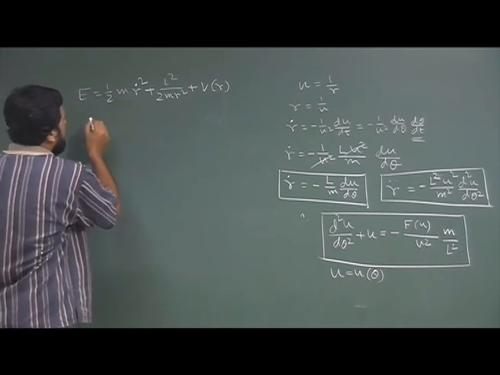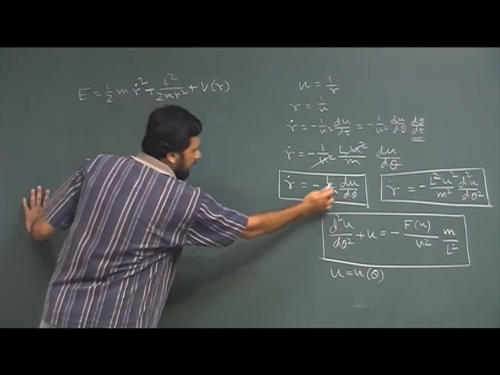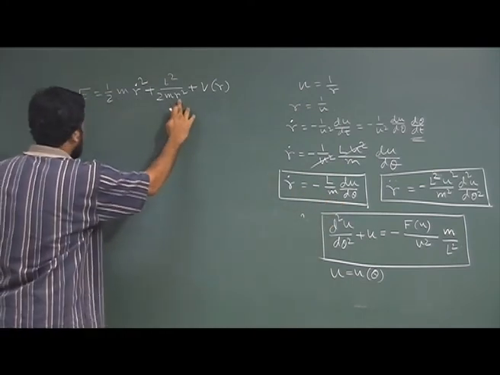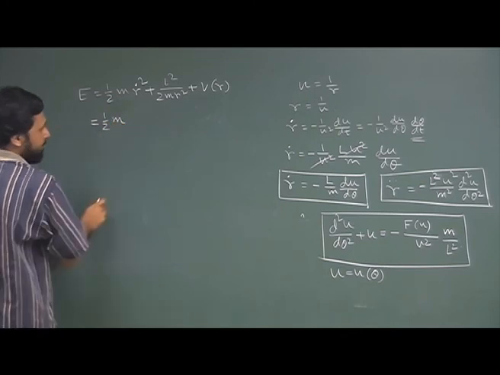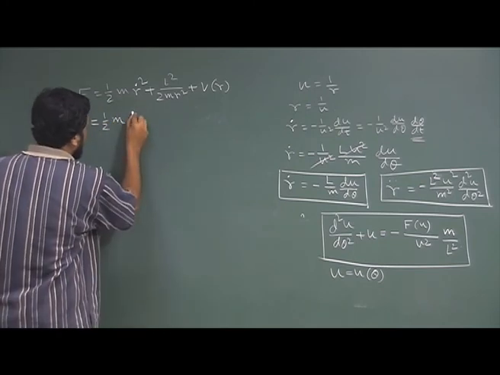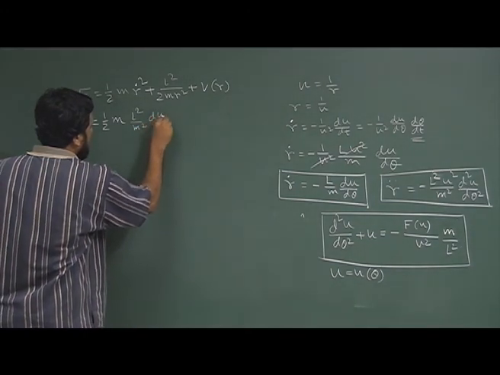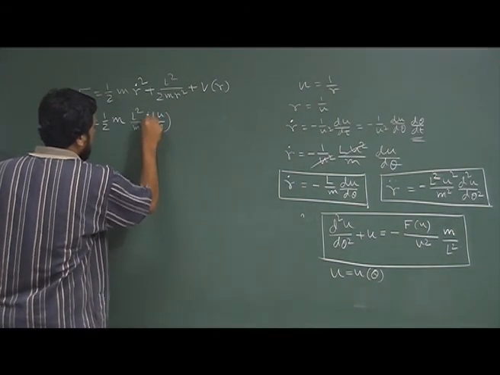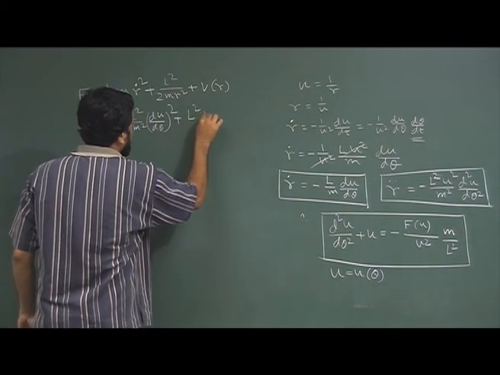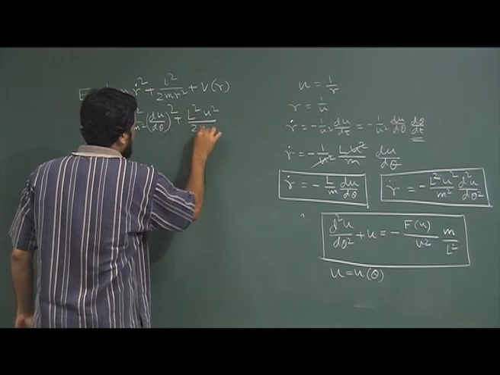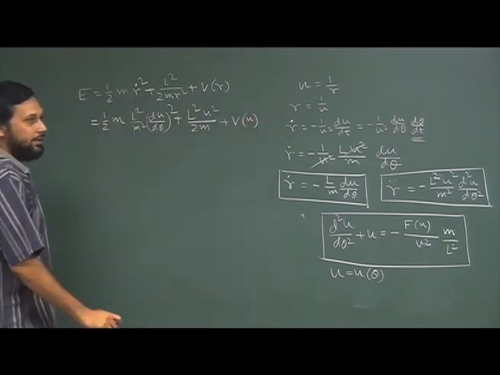If we now substitute r dot with this expression and r with u, then the energy expression becomes half m L square by m square du d theta whole square plus L square u square by twice m plus V of u, right.